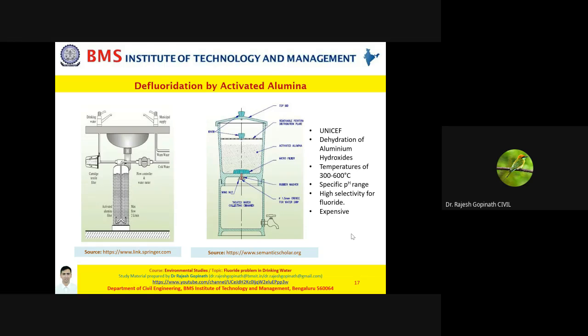In fact, I'll be very happy to share that the application of a domestic defluoridation plant, which is based on activated alumina, was launched by UNICEF for rural India itself. But unfortunately, due to the cost, which is because of frequent activation of alumina, this technology is not that effective. You also need to understand it is pH specific, which means that for the water which is being passed through the system, you need to make pre and post pH adjustments.